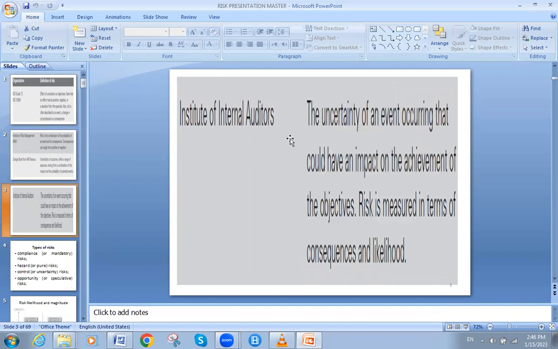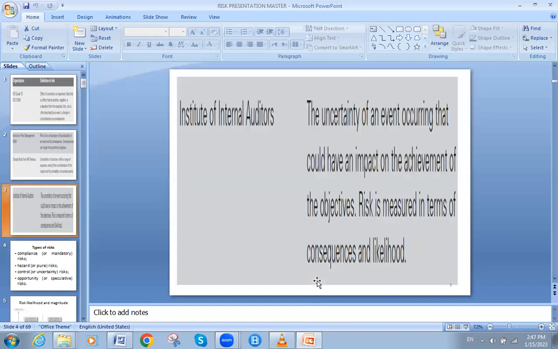The Institute of Internal Auditors defines risk as the uncertainty of an event occurring that could have an impact on the achievement of the objectives. Risk is measured in terms of consequences and likelihood.